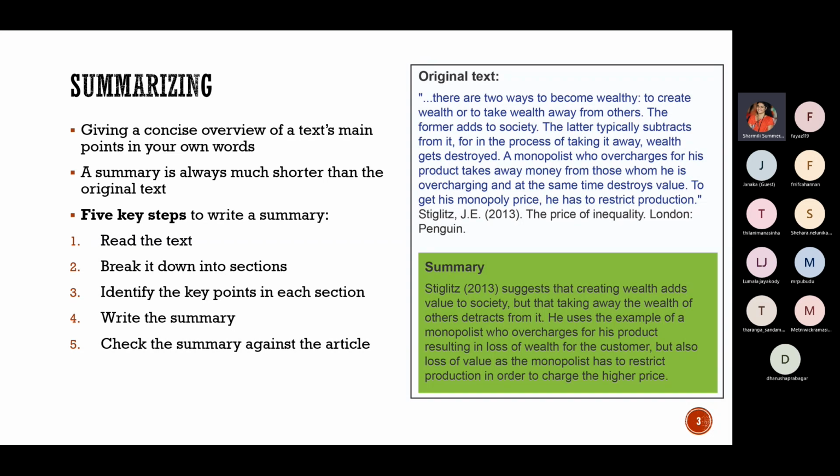So precis writing or summarizing means if you take one text, the major content will be available in the heading, and the heading for each text will be available in the first sentence or the last sentence of the paragraph. You can identify what this paragraph is going to tell.